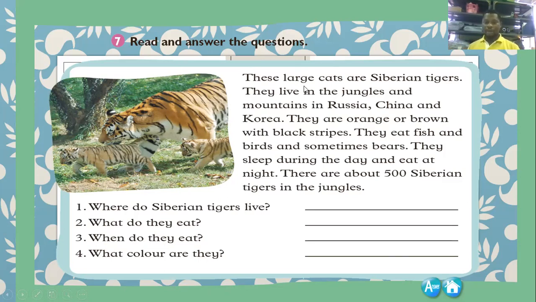These large cats are Siberian tigers. They live in the jungles and mountains in Russia, China, and Korea. They are orange or brown with black stripes.